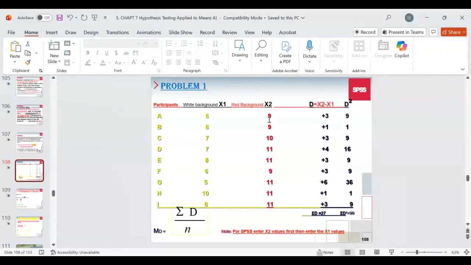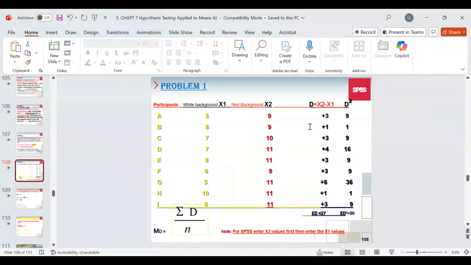And the third column, X2, is their scores, same people, same man, on pictures of the woman with the red background. So as you can see, Mr. A right there, on a white background, he gave 6, on a red gave 9. Mr. B gave 8 and 9, and C 7 and 10, and so on.